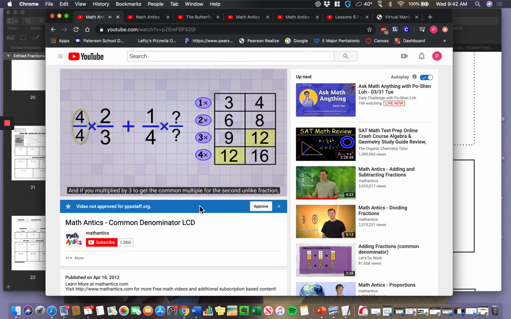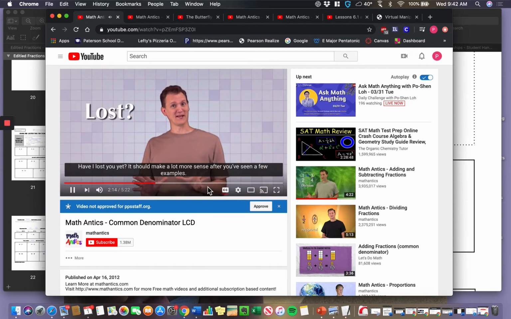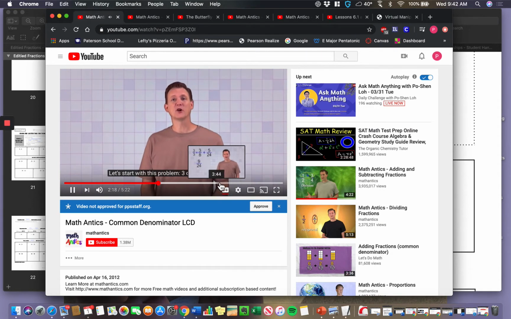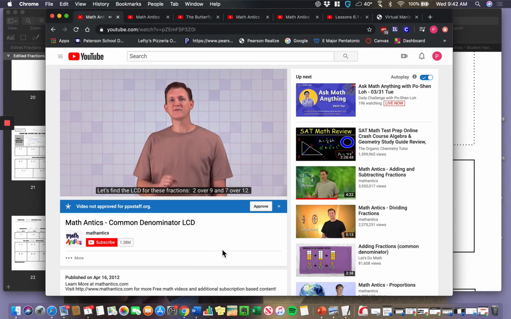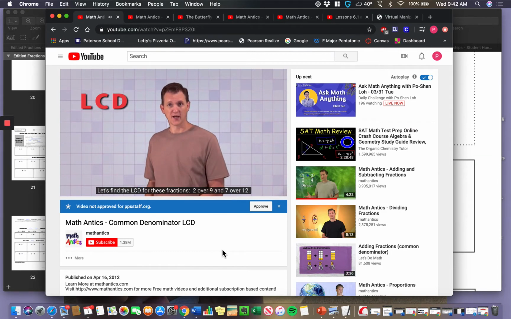And if you multiplied by 3 to get the common multiple for the second unlike fraction, then you'll use 3 over 3 as your whole fraction for it. Have I lost you yet? Should make a lot more sense after you've seen a few examples. Let's start with this problem. 3 over 8. Ready for one more example? Let's find the LCD for these fractions. 2 over 9 and 7 over 12.